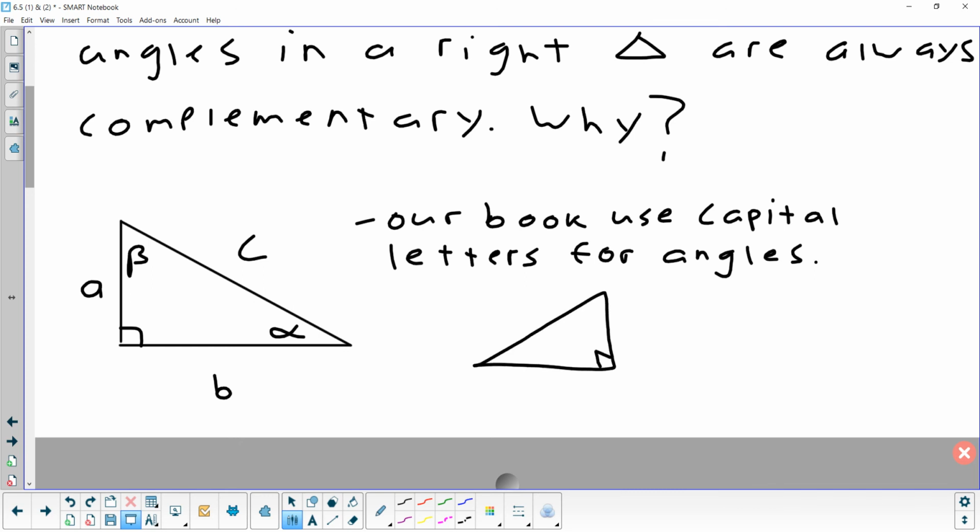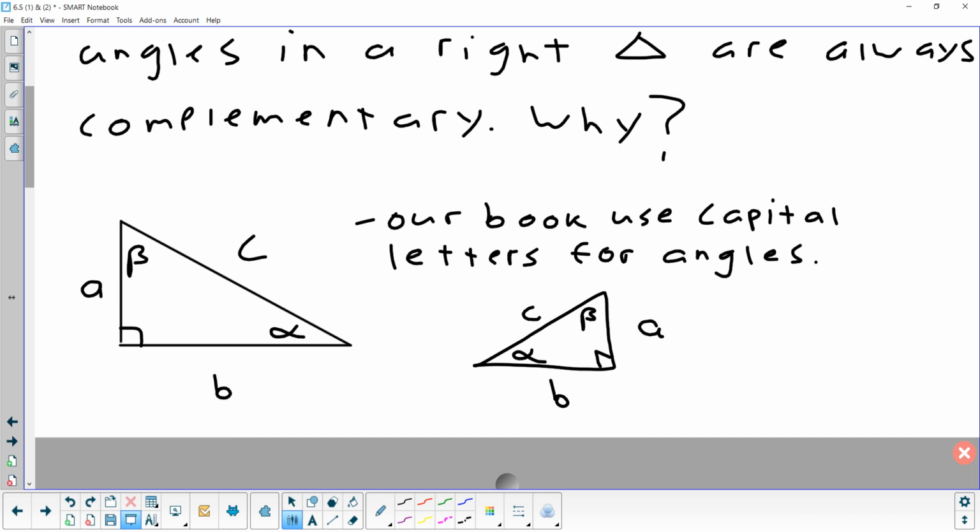The important thing is, wherever you put A, alpha has to be the angle across from it. This is to keep track of things. A will always be across from alpha, B will always be across from beta, and C will always be the hypotenuse.